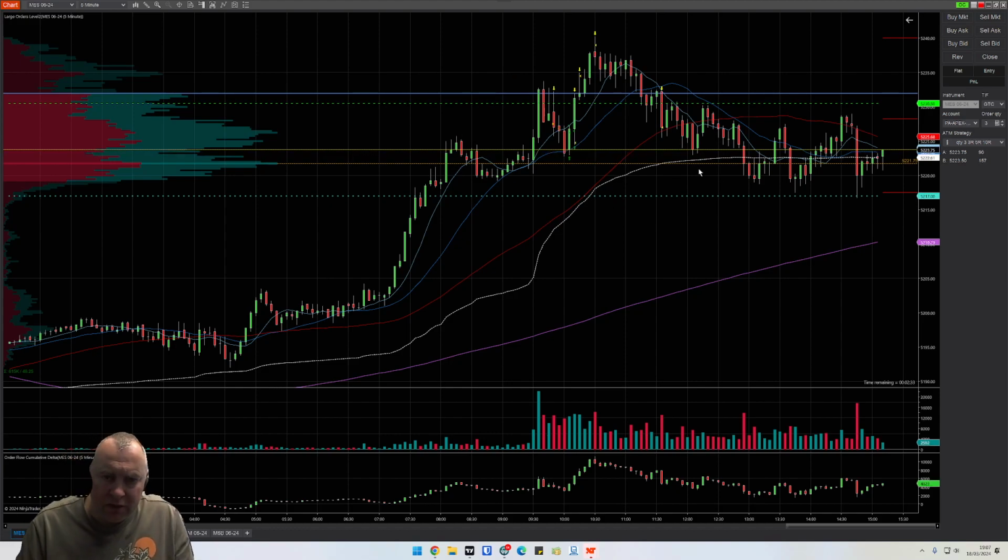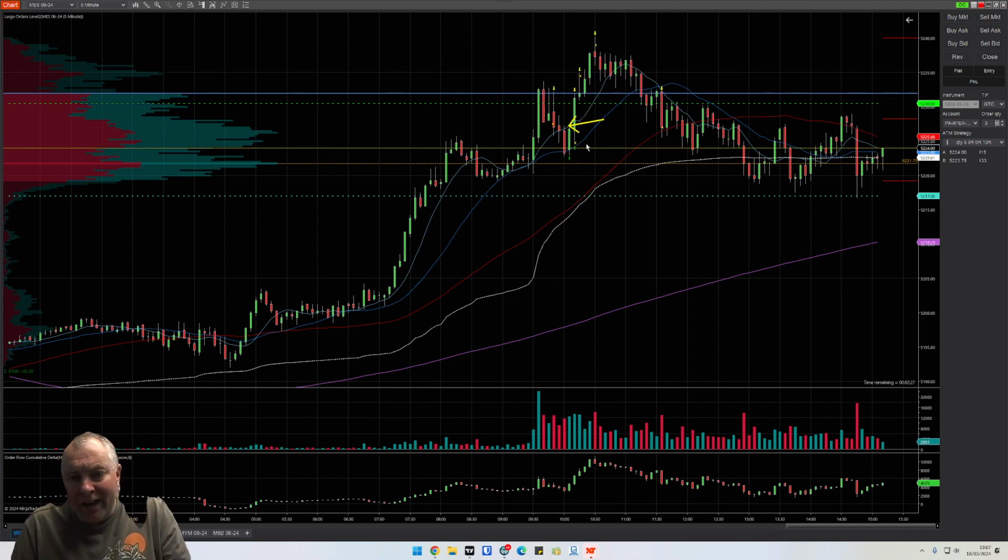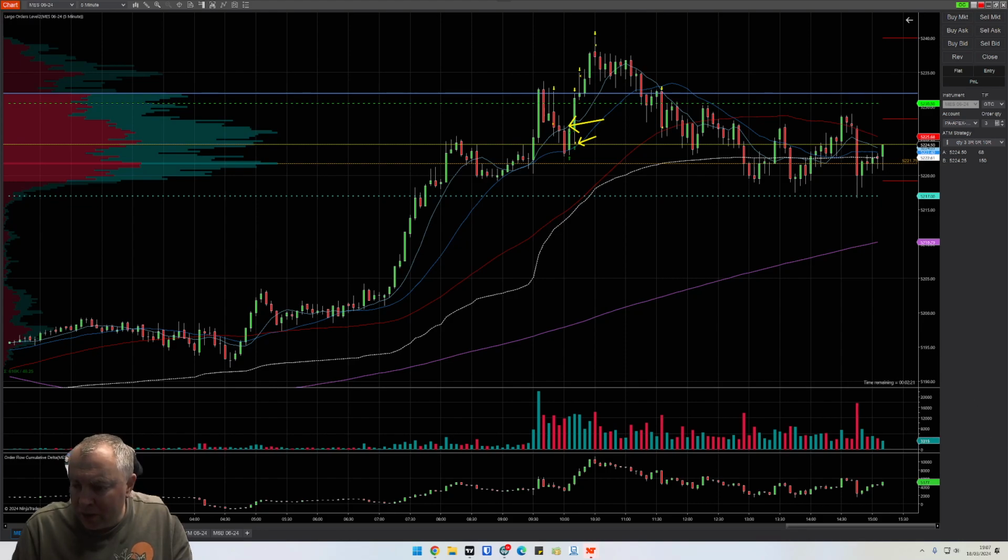So I took a reversal, then got in on the break of this 5-minute candle, and it pulled back a bit and just whipped me out on my 10-tick stop. When I get into a trade, I have an algorithm set up on NinjaTrader. That's my entry there, and I have a 10-tick stop, a 20-tick stop, and a 25-tick stop.